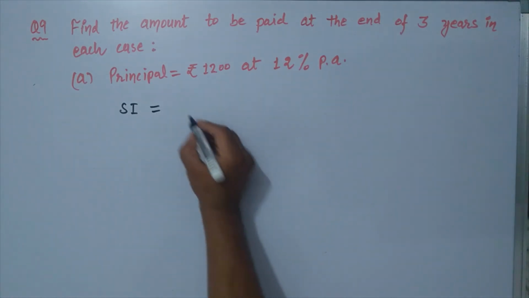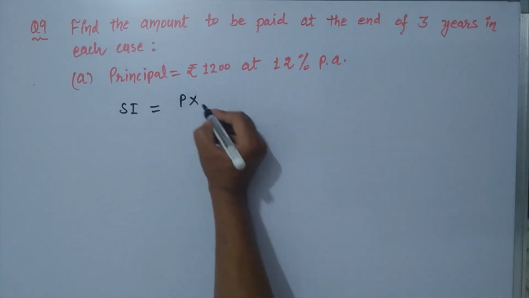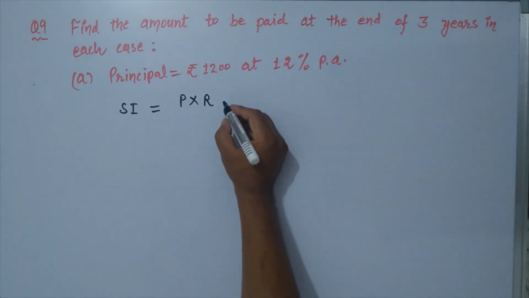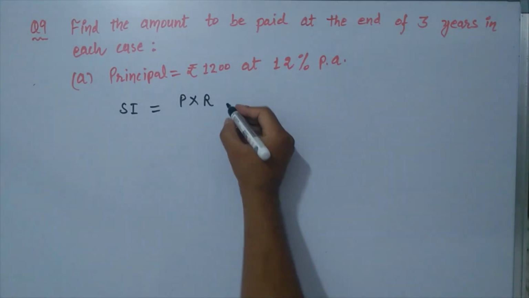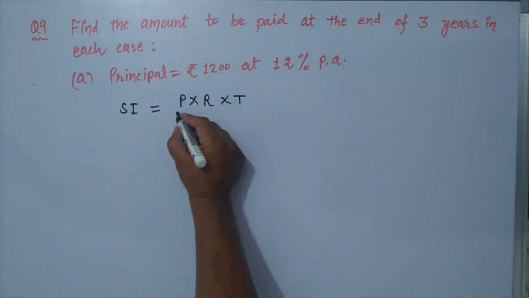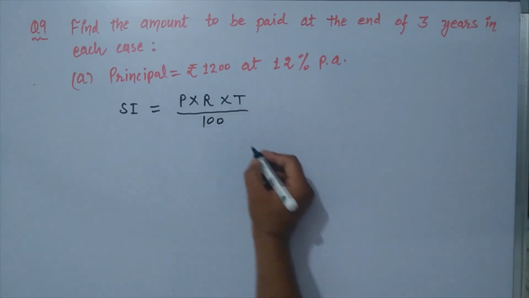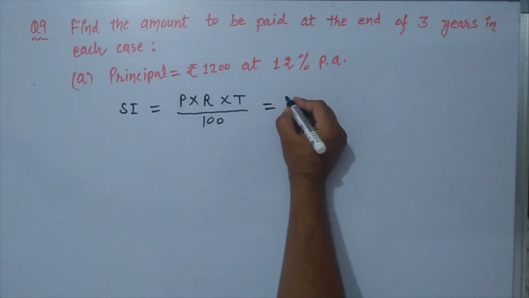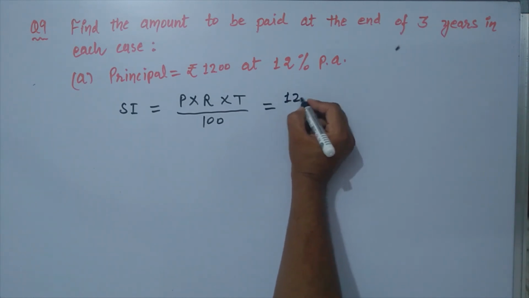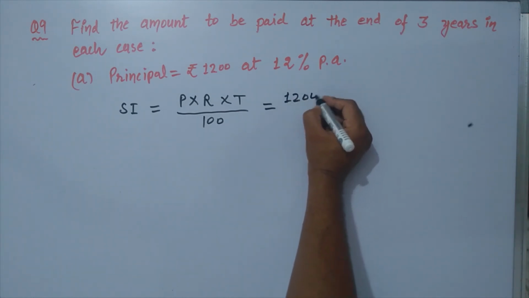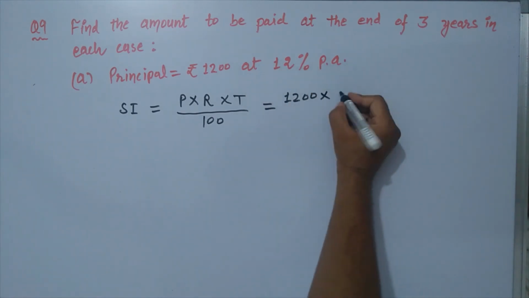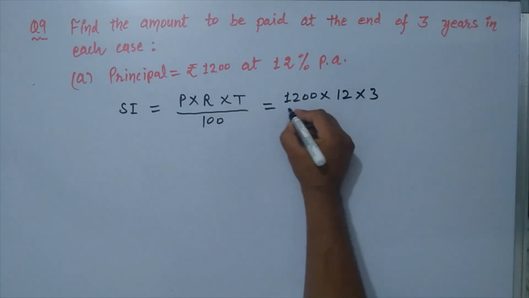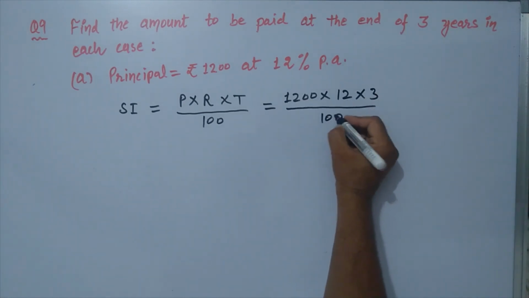The simple interest formula is principal into rate into time divided by 100. So we have principal amount rupees 1200 into rate is 12, time is 3 years, divided by 100.